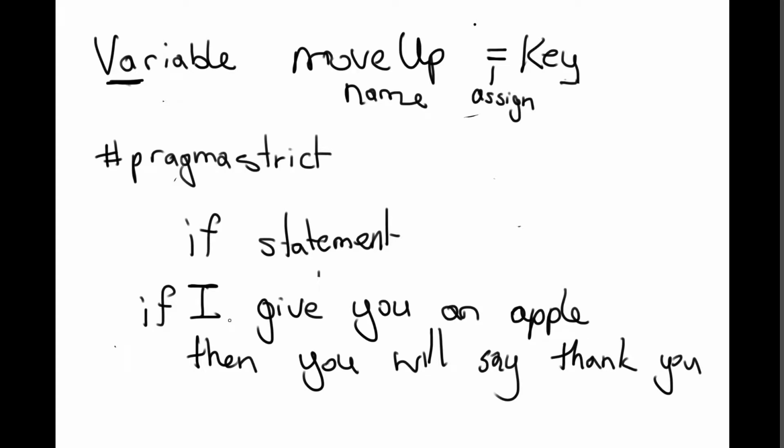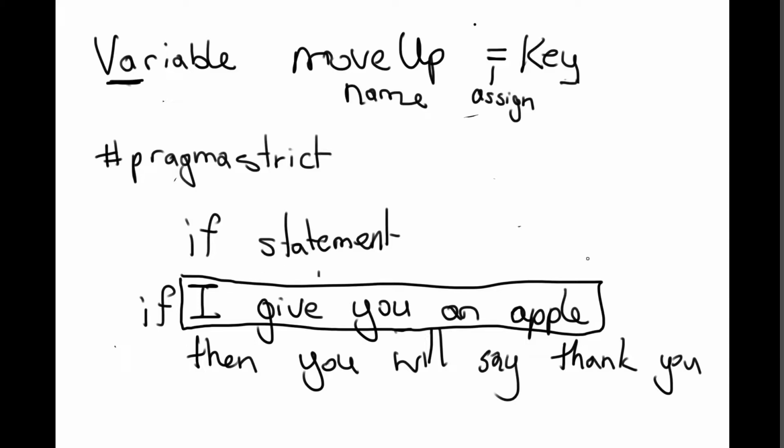All an if statement is, you take one value, which is called our parameter. So if I were to give you an apple, this would be a parameter. And a parameter is basically just a set of conditions.